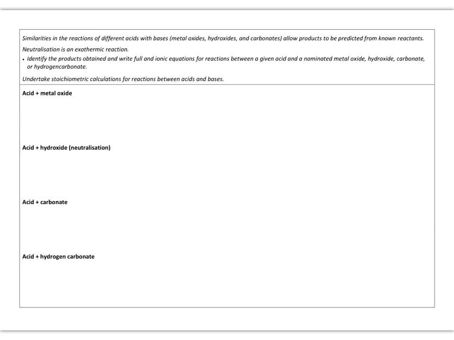So let's continue looking at the reactions of acids and bases. Now, there's a lot of similarities in the way that different acids and bases will react. So it won't matter if we add an acid and a metal oxide, it doesn't matter which acid or which metal oxide, they will all follow a similar pattern.